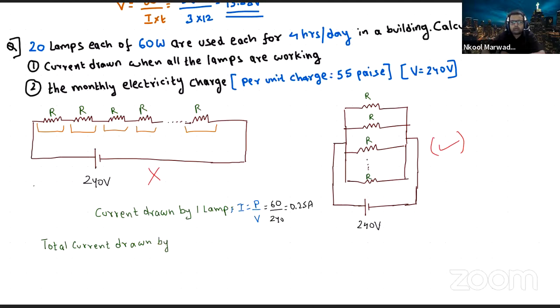So we will multiply this with 20, like 20 into 0.25. It will be 5 ampere.